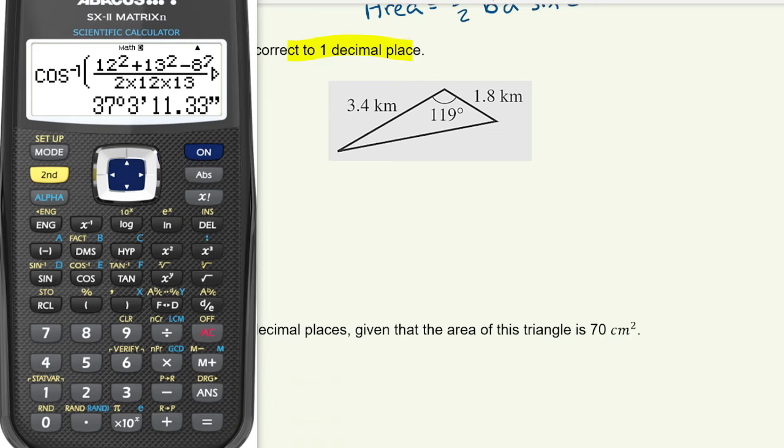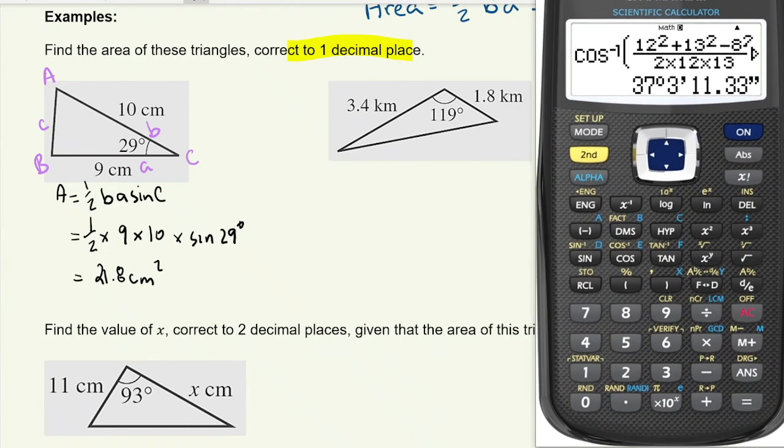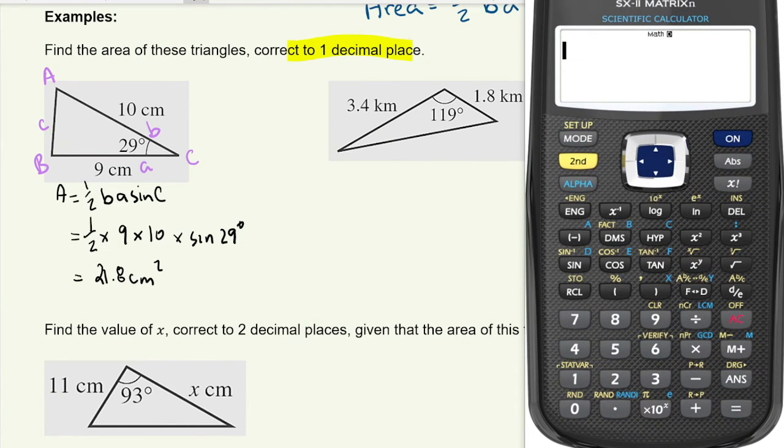Here's our calculator. Let's move it over this side. Clear it. Alright, so what are we typing in? We are typing a half times 9 times 10 times the sine of 29 equals, and you can see there 21.8 to one decimal place.